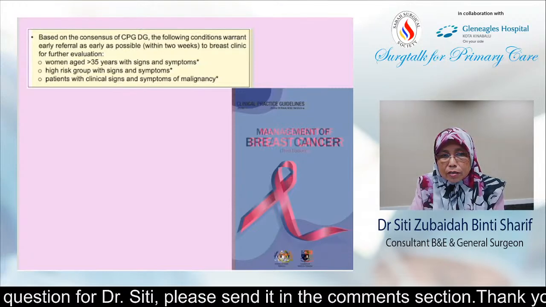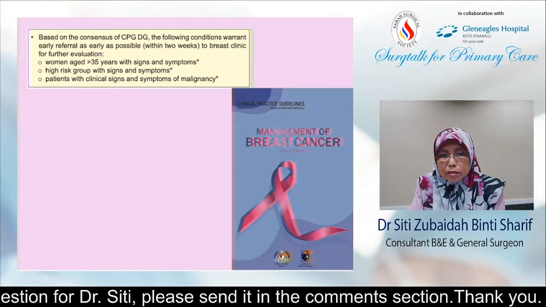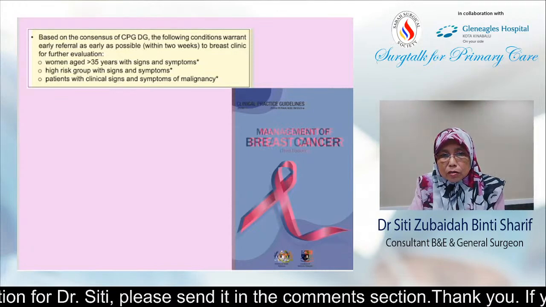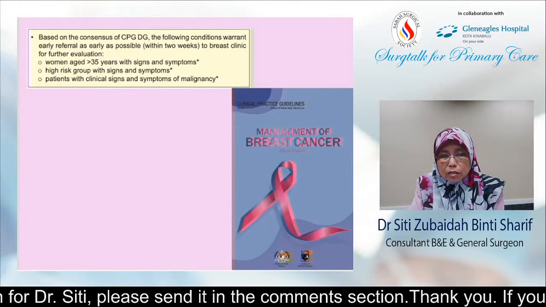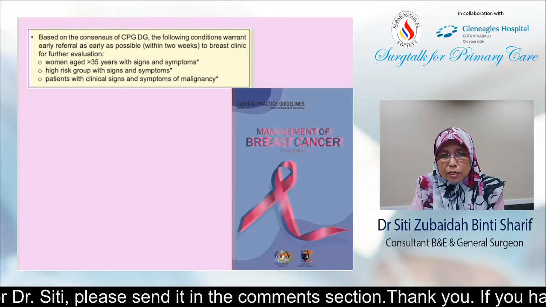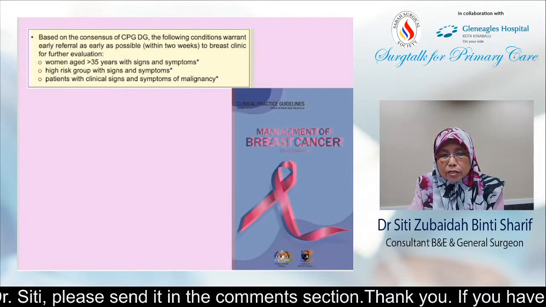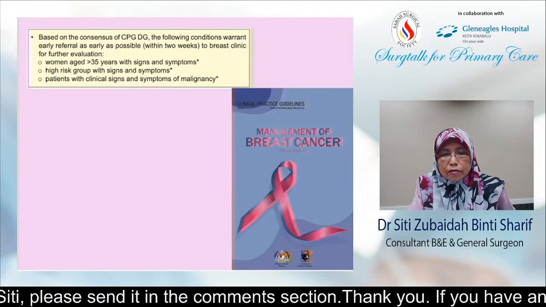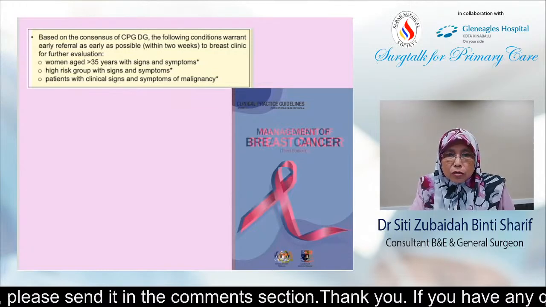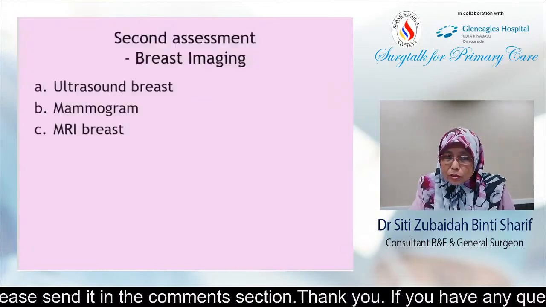Third, a patient with clinical signs and symptoms of malignancy. These three groups of patients need urgent referral to the breast clinic. Urgent referral means that we have to see them within 2 weeks.